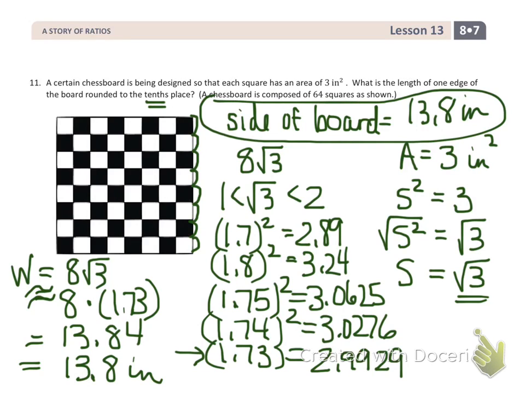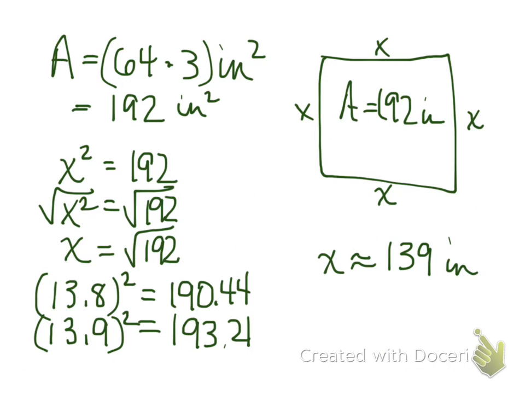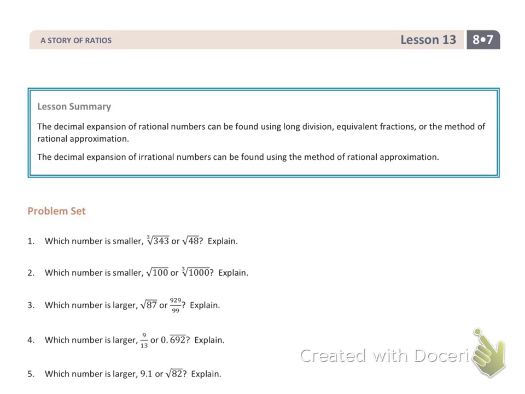13.8 inches. Okay, that was another long one to explain. So here we're at the lesson summary. So this lesson was really nothing new. It was just using the tools that we have, decimal expansion of rational numbers, and we used mostly long division and equivalent fractions for the rational numbers, and we use the decimal expansion of irrational numbers using the method of rational approximation.